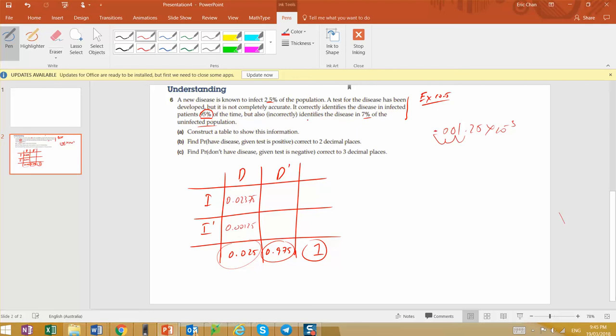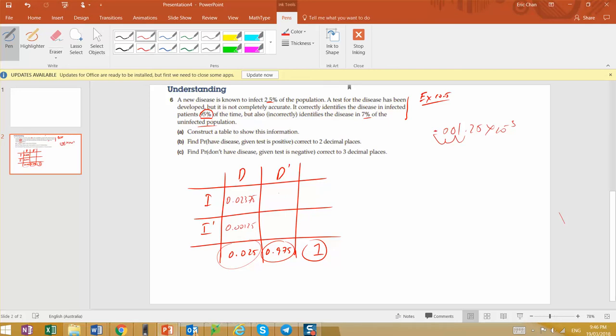It also incorrectly identifies the disease in 7% of the uninfected population. So it's saying that 7% of the population is identified as having the disease, even though they didn't have it.